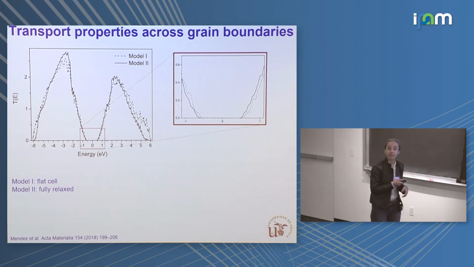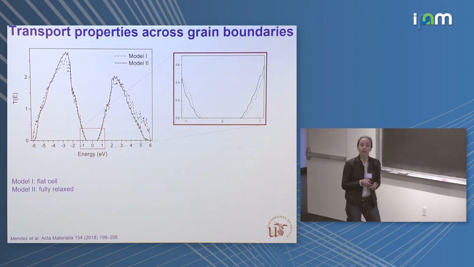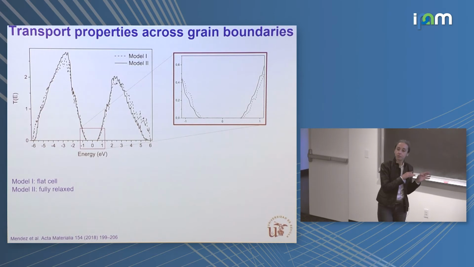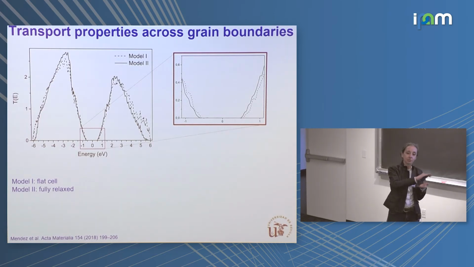So what are the values that we have observed? We first compared, once you compute the electronic properties, whether there are differences between using the 3D definition of the lattice or just the flat configuration.